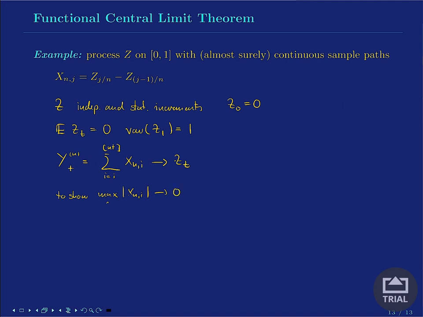And this basically means that none of the random variables X_i has the dominating influence on the limit.